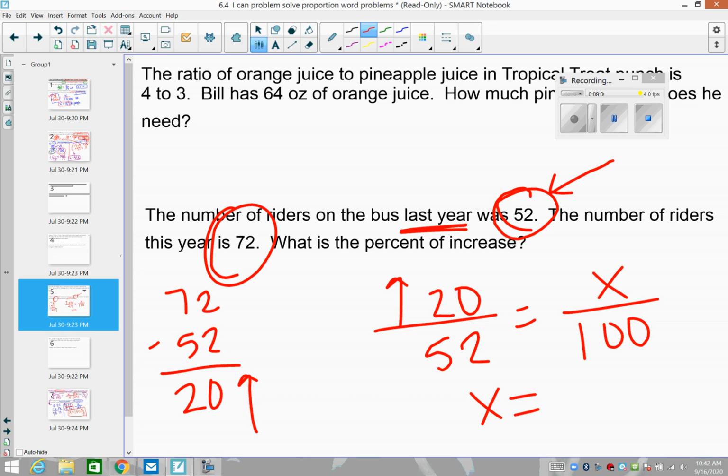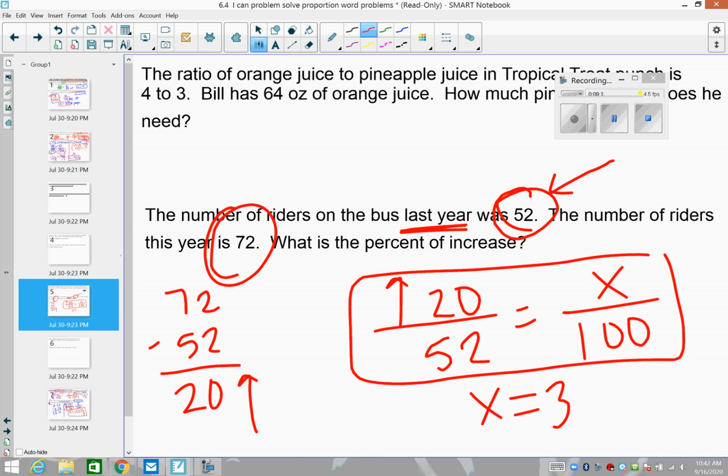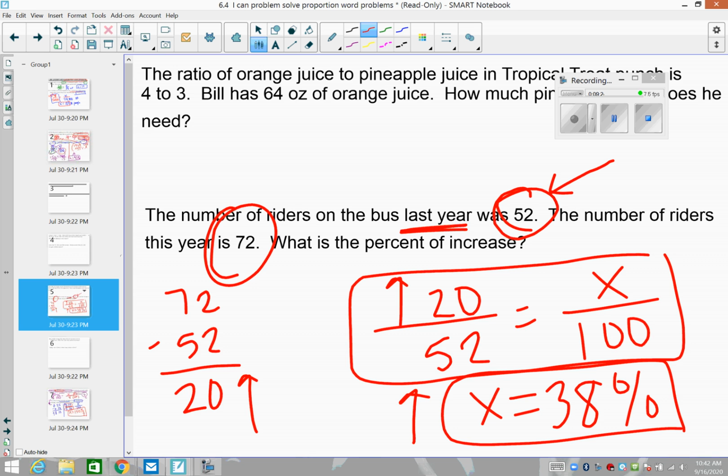We want to know what percent the bus riders increased over time. You often hear stats people say that we have an X percent increase. As we solve this, if we round, we have a 38, or you could say 39%, I'll accept either, so a 38% increase in bus riders from last year to this year is called percent of change.